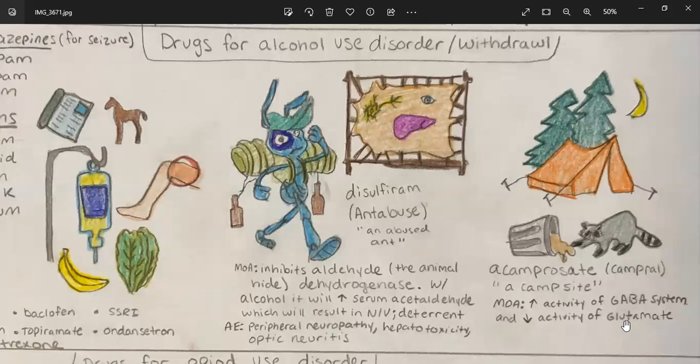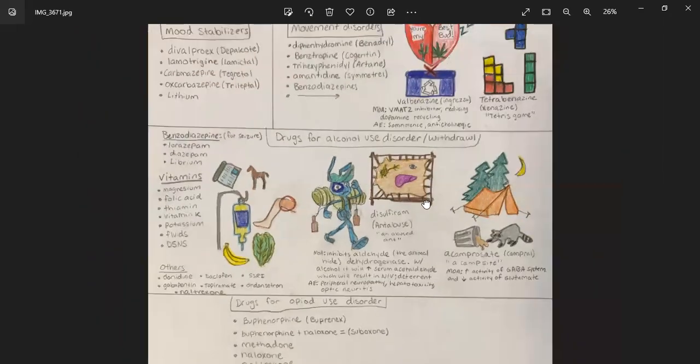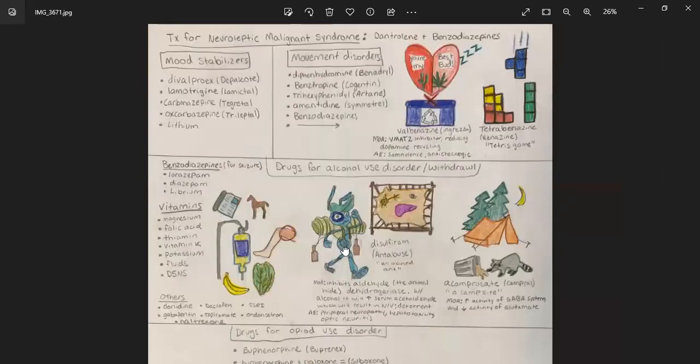Glutamate I usually show by glutes, a butt. I guess you can just think about how big this raccoon's butt is and how you're probably going to yell at this raccoon and say, get out of my garbage, and he's going to decrease his activity. I know that was stupid, but that's okay.